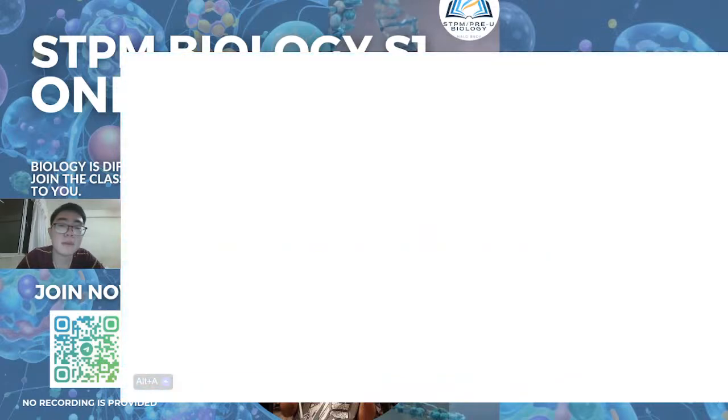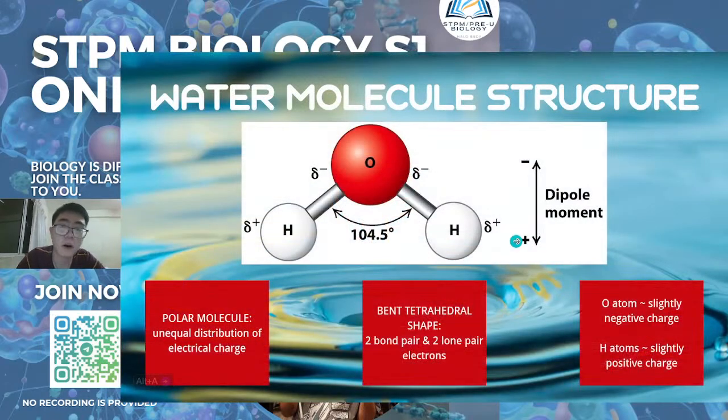Okay, so first of all, water. What is water? We know that in chemistry the chemical formula of water is H2O, right? If you ask me what is water, in scientific manner we draw the water molecular structure like this. You can see that it is a bent tetrahedral shaped structure.